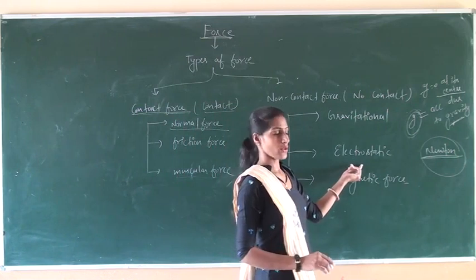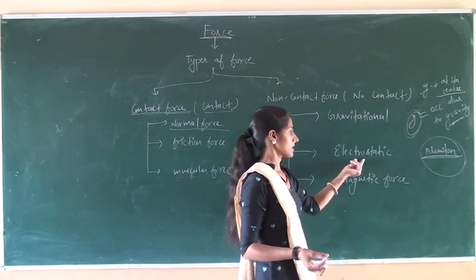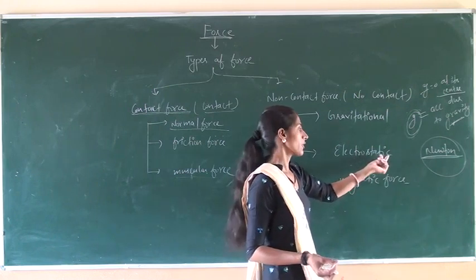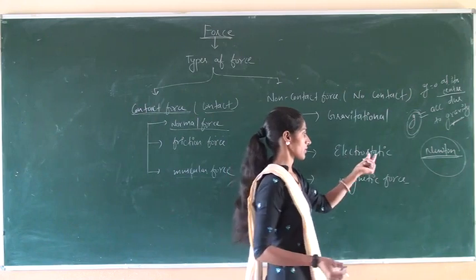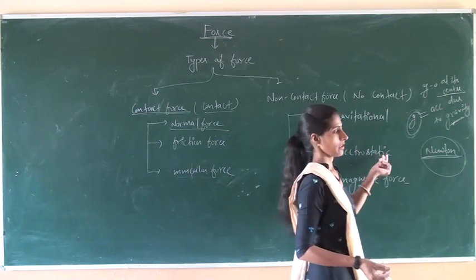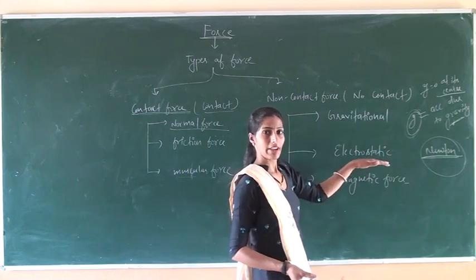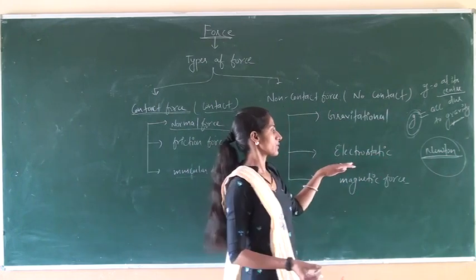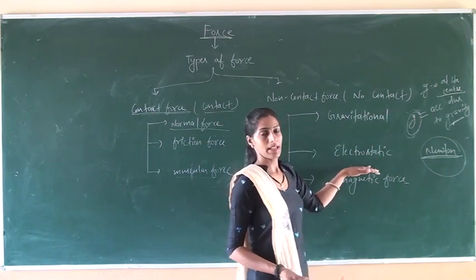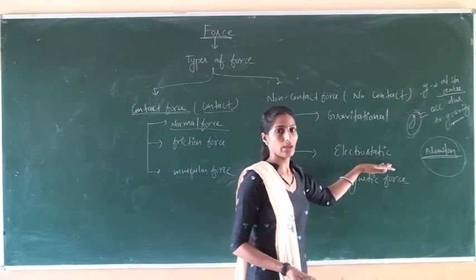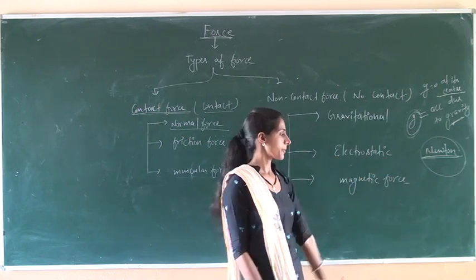So the force due to which it attracts the other particles is called the electrostatic force. Electro means due to the motion of electrons, static means rest. First the electrons are at rest, but when we rub, the electrons come into motion and transfer of electrons takes place, either loss or gain of electrons, and the force produced is the electrostatic force.